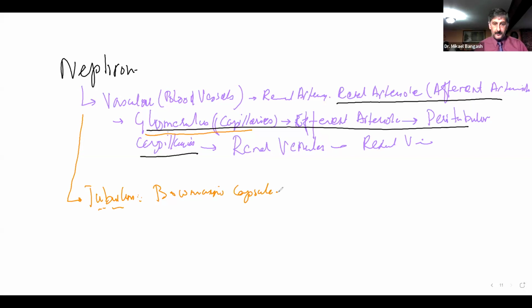Now the Bowman's capsule is going to lead into what we call the proximal convoluted tubule. Which then will lead into a structure that we call the loop of Henle.